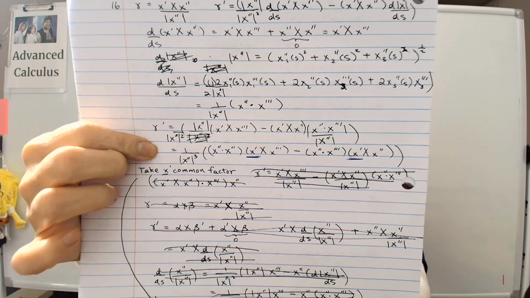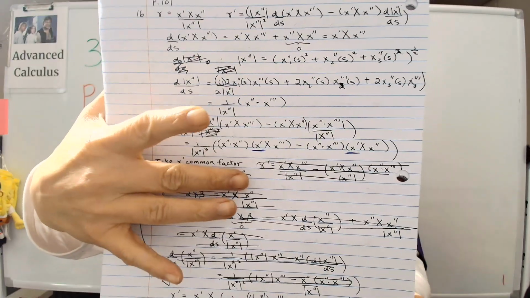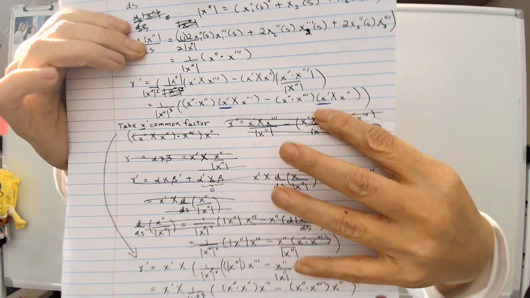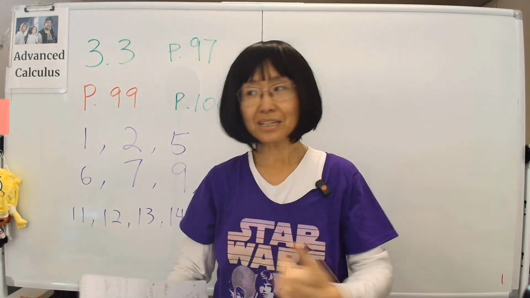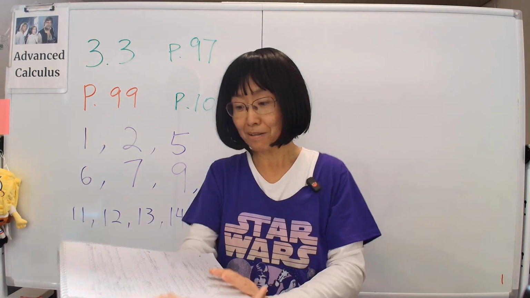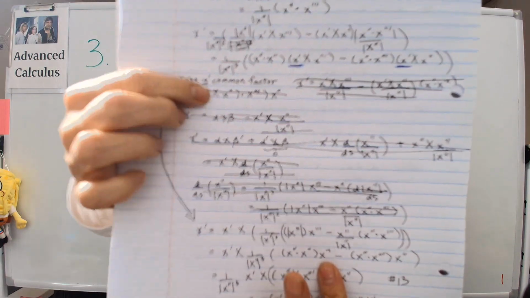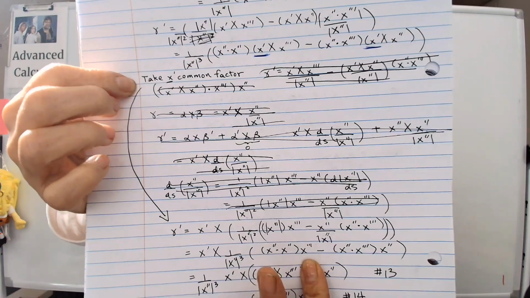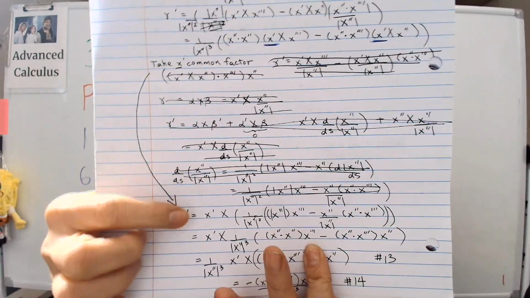So I was puzzled at first, but eventually I realized that what we need to do is factor the x prime out of the cross product, because it's crossing here, and then crossing over here, the same x prime. So far we've only expanded any cross product. We've never factored it out before, but there's nothing wrong with factoring stuff out. So once I factored out x prime, the common factor, we got here.